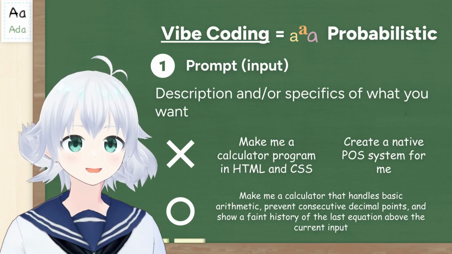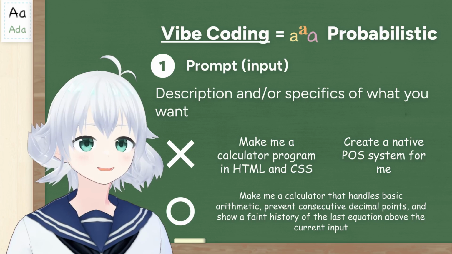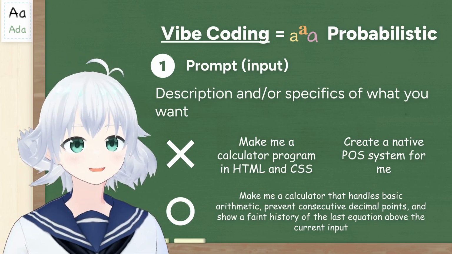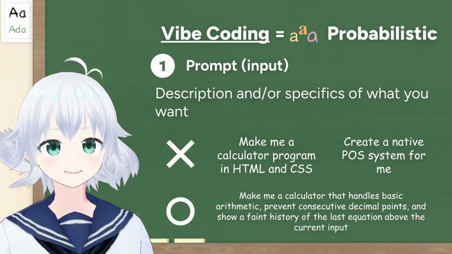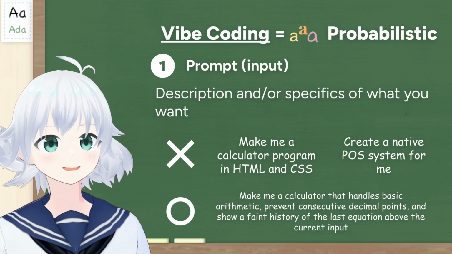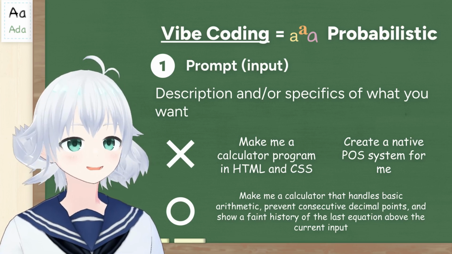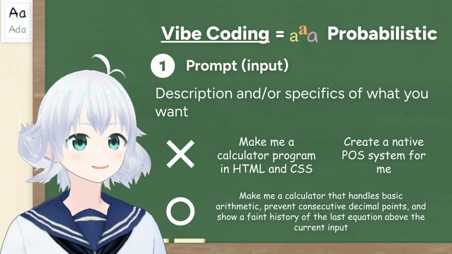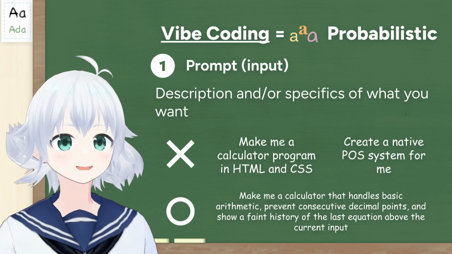Here, for example, defining a calculator that handles basic arithmetic, limiting decimal point inputs, and showing the history of past calculations. It's long and exhausting, and there's no right answer for this, but you'll get a better chance of being satisfied with this output later. Essentially, overthinking with your prompt is usually good.